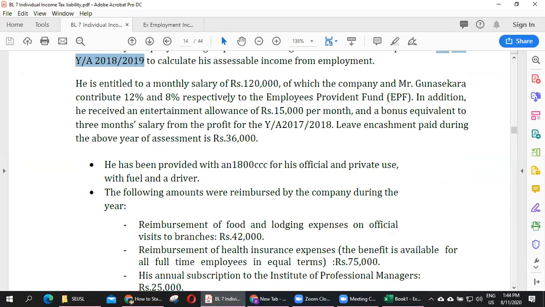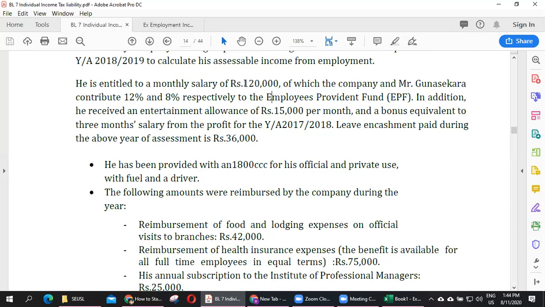Everybody should unmute your mic and discuss. The monthly salary is 120,000. There are two components: EPF employer contribution 12%, employee contribution 8%.